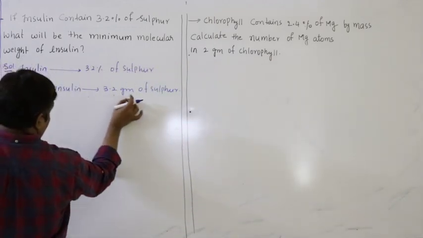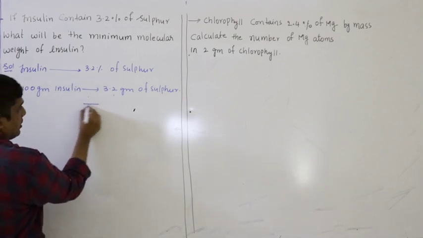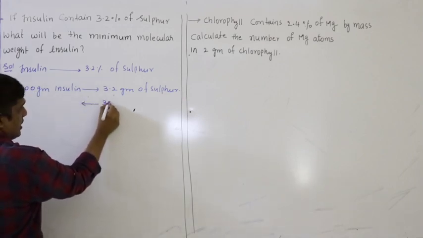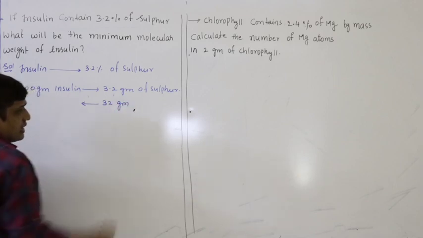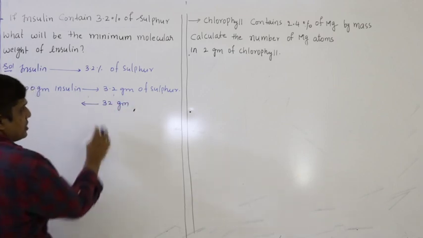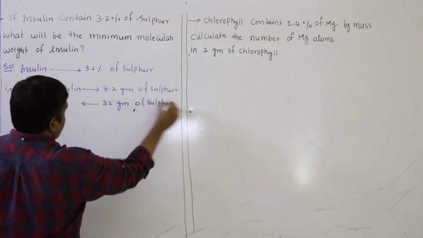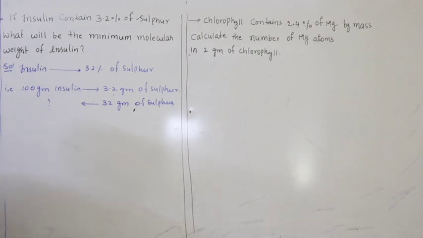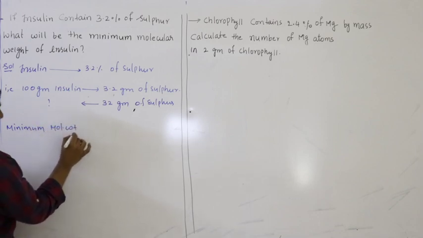So if 3.2 grams of sulfur is present for every 100 grams of insulin, so for minimum molecular weight at least one sulfur should be present. So atomic weight is 32 grams. So 32 grams of sulfur presents in how many grams of insulin? That will be the minimum molecular weight of insulin.